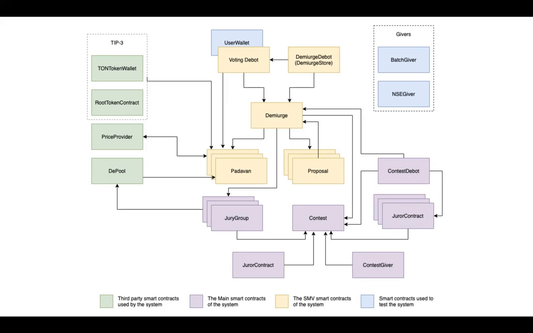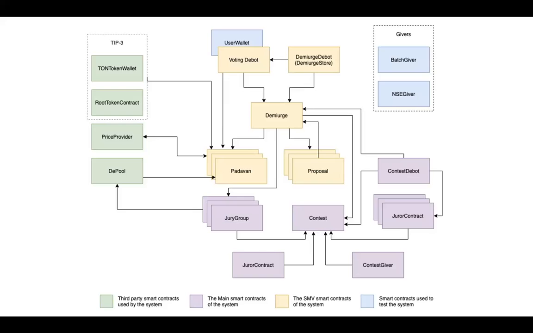So when the contest gets tags, it resolves the addresses and checks the addresses when it gets callbacks from jury groups with jury members. So it collects the jury members.